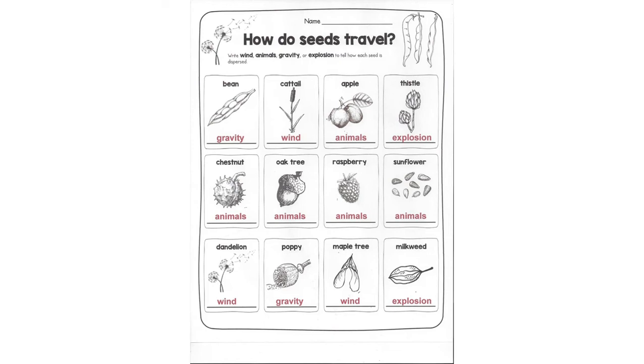Dandelions, of course, we know those spread with wind because I'm sure we have all had fun blowing on those. Poppy seeds are spread by gravity. After the flower falls off the top, then the plant will fall over and the tiny little black seeds fall out on the ground. Maple tree gets spread by wind, and milkweed is spread by explosion.